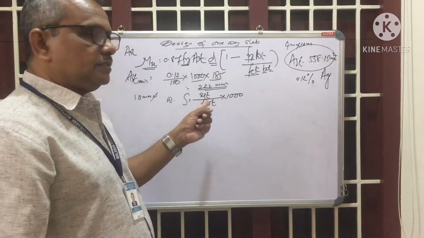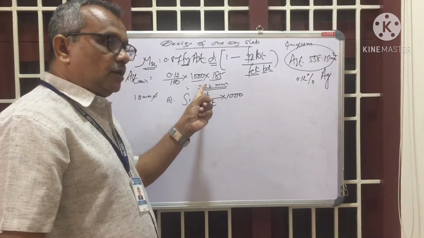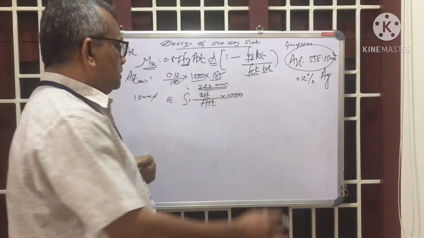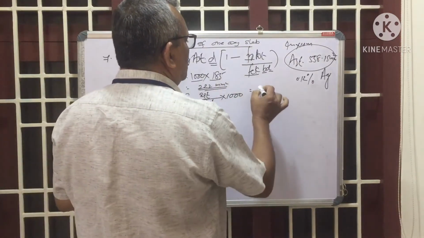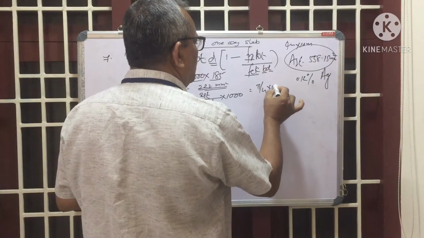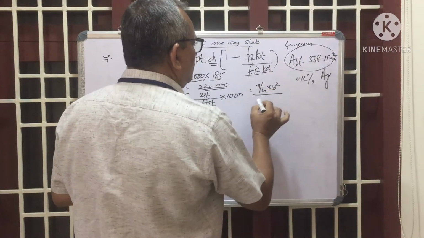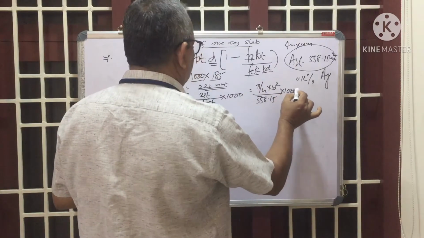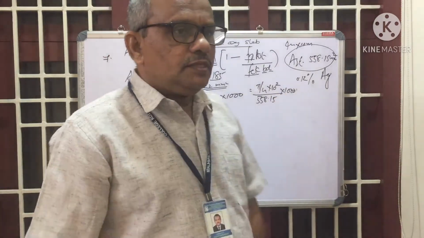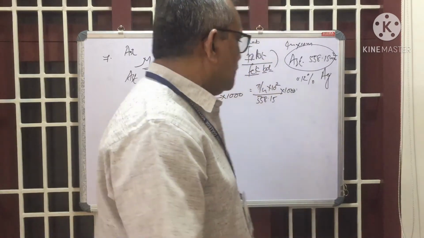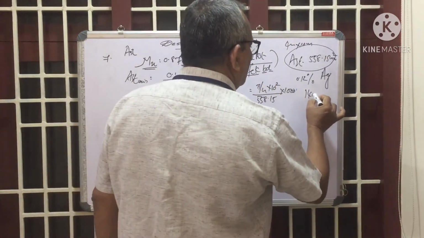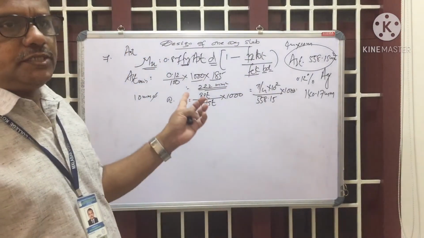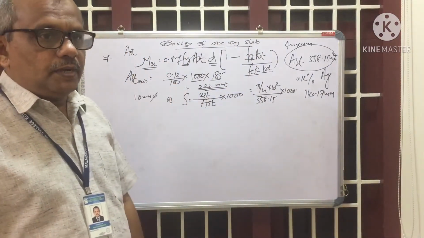So the area of one bar is pi by 4 into 10 squared, divided by 558.15, into 1000. That is equal to 140.17 mm, the spacing of the 10 mm dia bars.